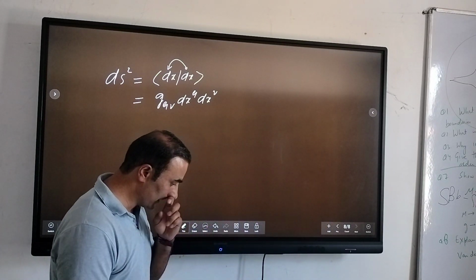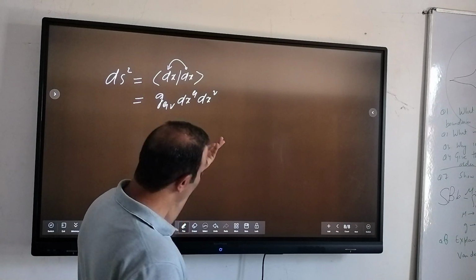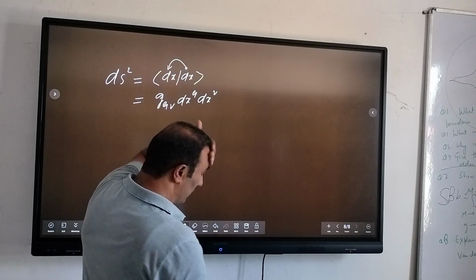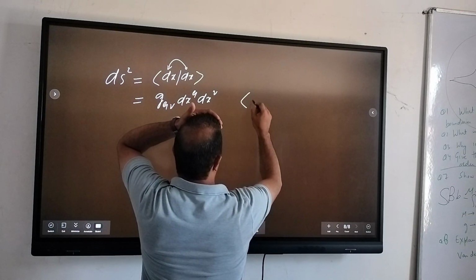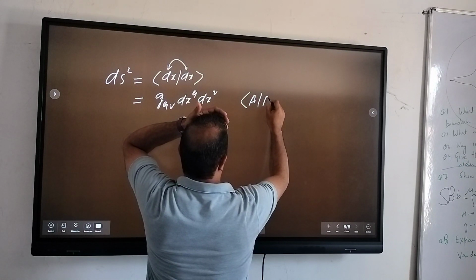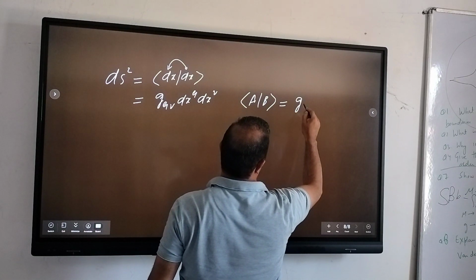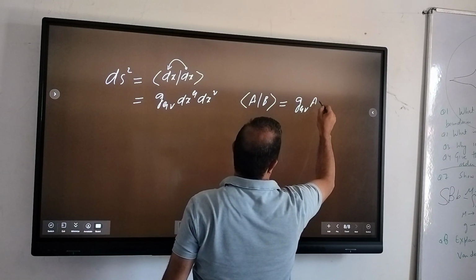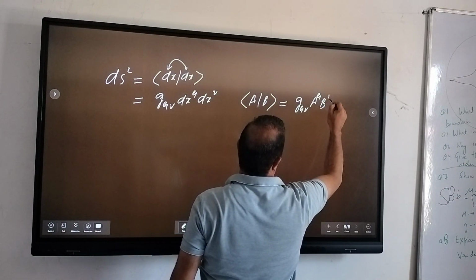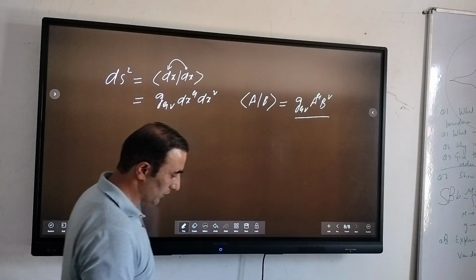In general, suppose we have some vector in this four-dimensional space, we can write it in this form, that is g mu nu a mu, right? So in general you can write.